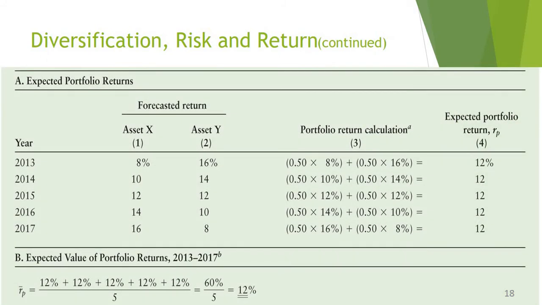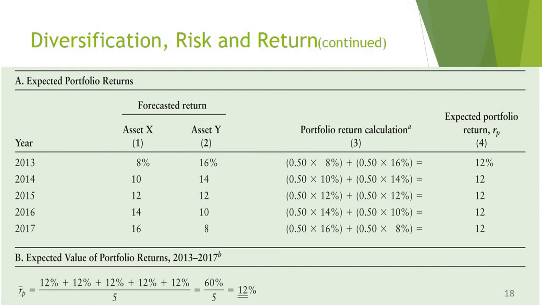Now here is an example of diversification of two assets. We are considering asset X and asset Y. Here is the historical rate of return of asset X and Y. In 2003, the return of asset X is 8%, whereas it is 16% for Y. In 2014, this is 10% for asset X and 14% for asset Y. If you look at the correlation between asset X and asset Y, you will see that when return of asset X increases, return of asset Y decreases.